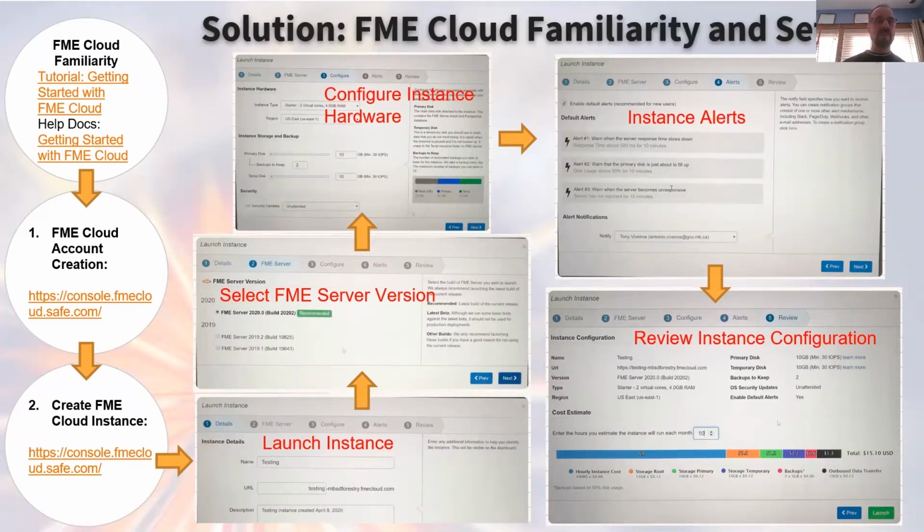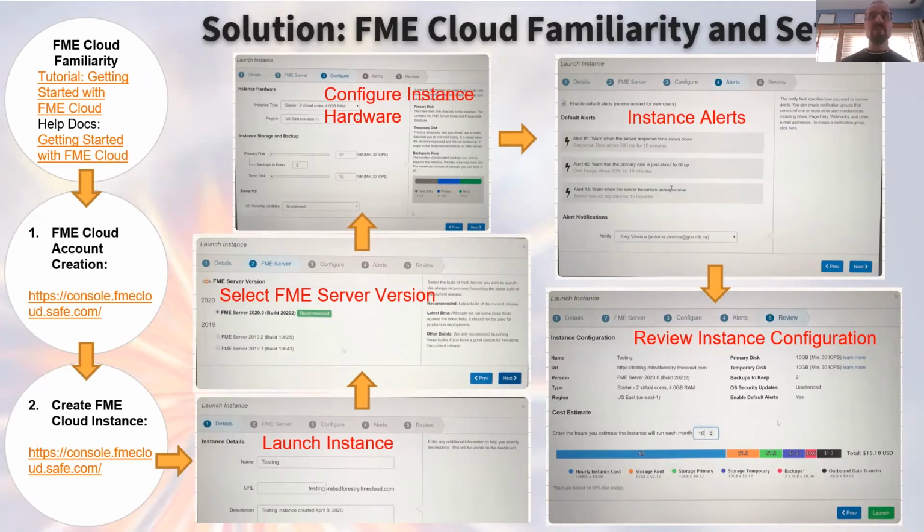Once you've created an account, then you create an instance, which I did. Then you launch that instance, which is basically just a virtual machine that FME Server is installed on. We go through the process. You select the FME Server version. In this slide, it's FME Server 2020, but 2021 exists as well right now.